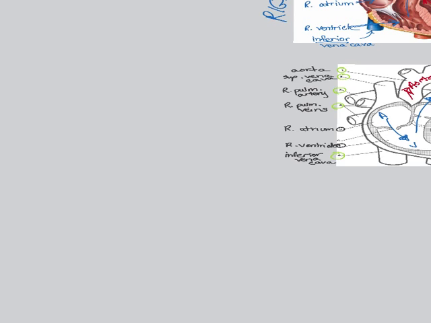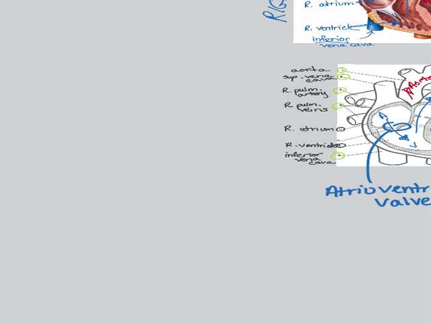So the ones between the atrium and the ventricle have a very, very tricky name. They're called the atrio, because they're attached to the atrium, ventricular, because, you know, they're attached to the ventricle, valve. So I lied, it's not too tricky.